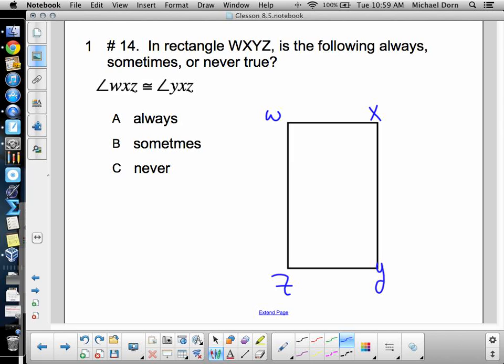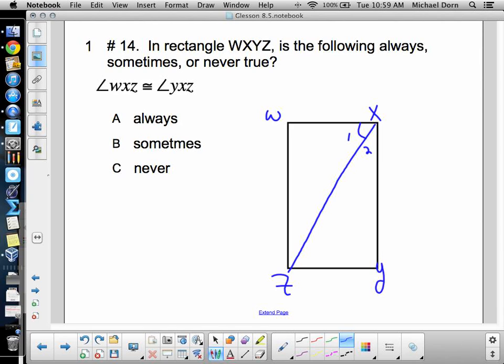I want WXZ. Oh, that'd be this angle. Congruent to YXZ. Okay, that's angle 2. So we got angle 1 and angle 2. And angle 1 and angle 2 always, sometimes, or never going to be congruent.